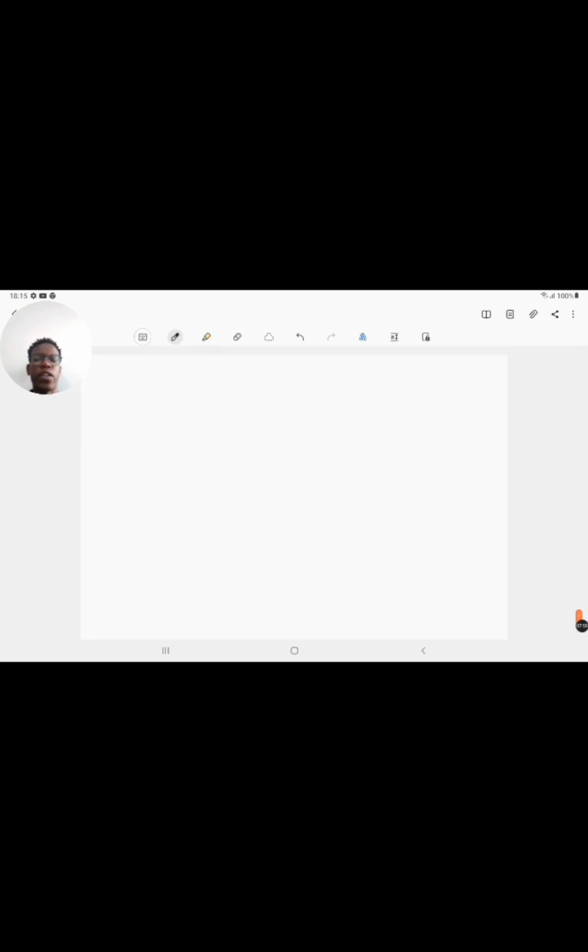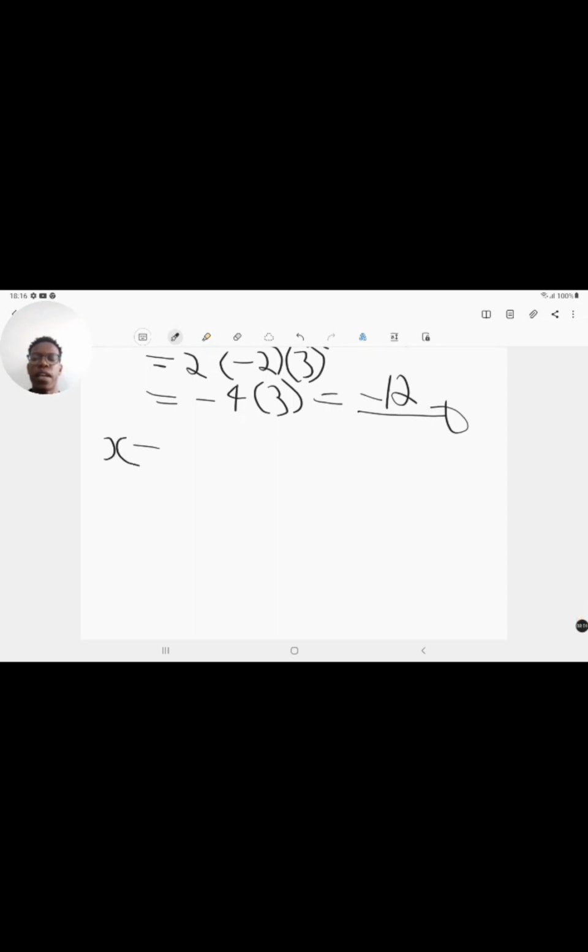You know that to find your x-intercept, your y has got to be 0, right? So x-intercepts are when y is equal to 0.